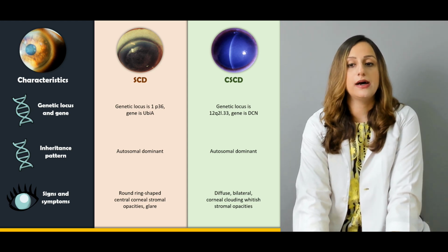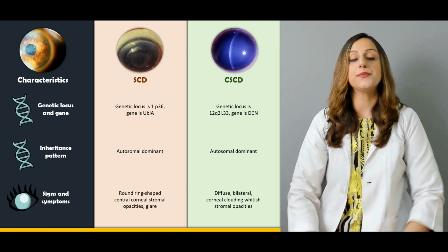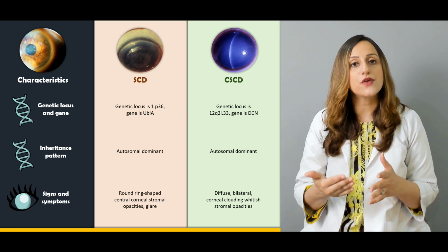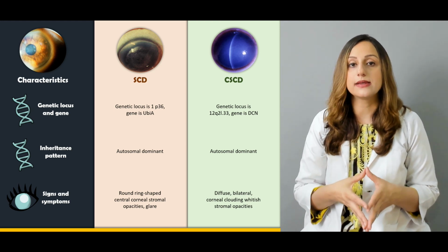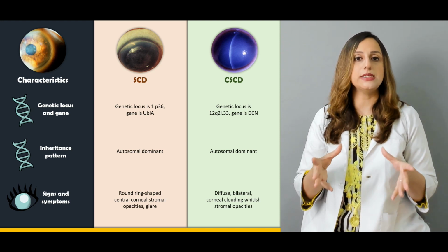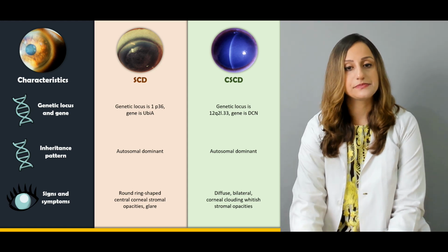So it's again very important to keep all of the clinical features, the pattern of inheritance, the genetic loci, and the final gene involved for all of these corneal dystrophies that we have been studying.